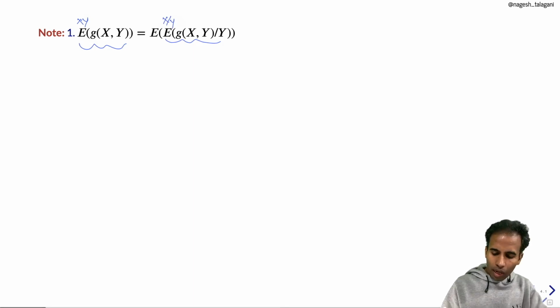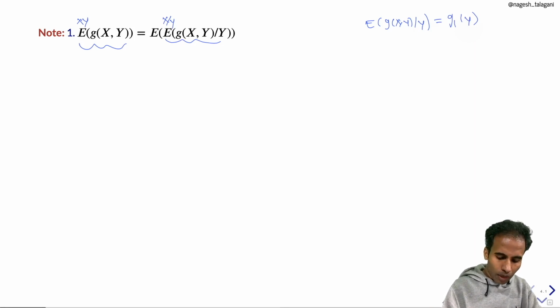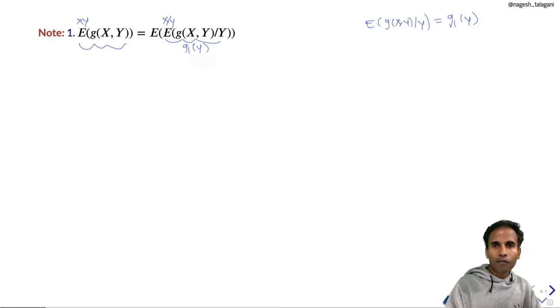Okay. And this conditional expectation of g of x, y given y is going to be a value dependent on the given y. So this can be seen as a function of y alone. Let me call it g1 of y. So this whole thing I can see as g1 of y, then the expectation of g1 of y.